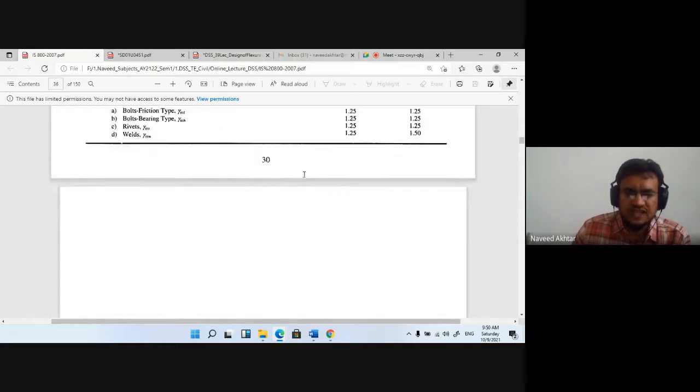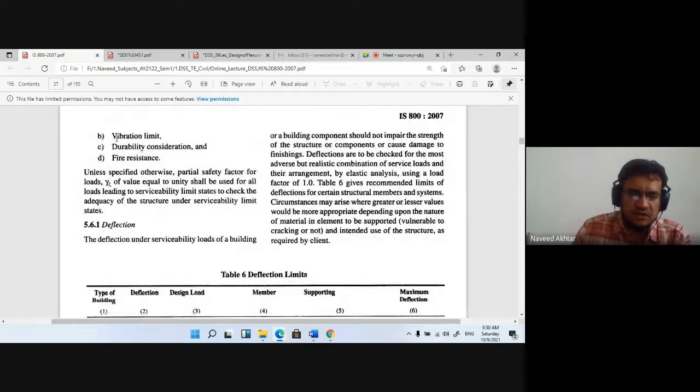First one is the deflection limit, second is the vibration limit, third is durability consideration for the member, and the fourth is fire resistance. So the limit state of serviceability consists of deflection, vibration, durability, and fire resistance. All these four come into the limit state of serviceability.